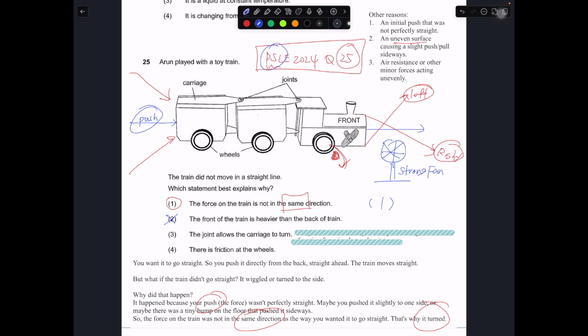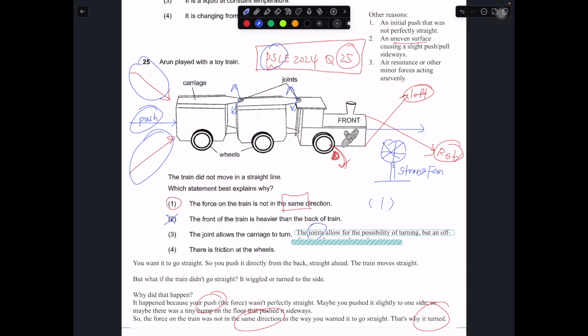So the joint allows the carriage to turn. Yes, the joint does allow the carriage to turn left and right, but this only gives you the possibility for it to turn. In order for the carriage to turn, you still need to have a force that is coming from the red color side. So number three does not fully answer the question. It may be very, very close, but it does not fully answer.